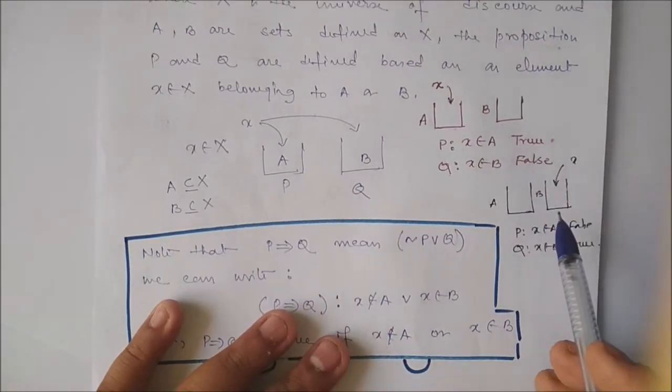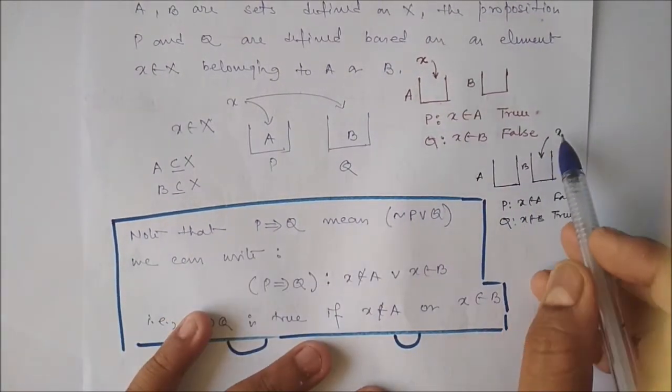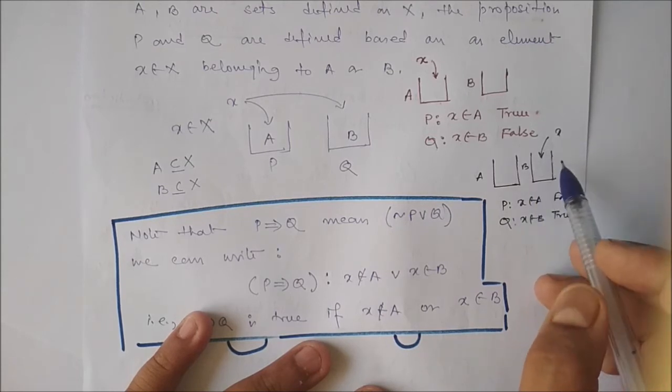We can see another example here. The element x is inside this B box.